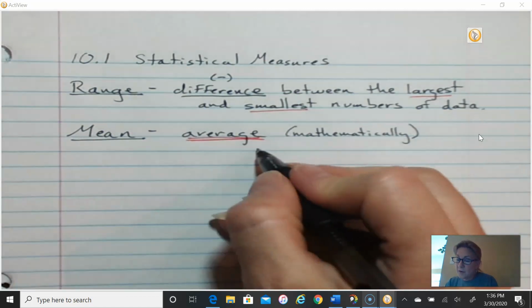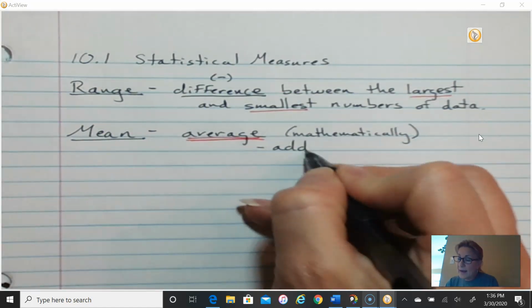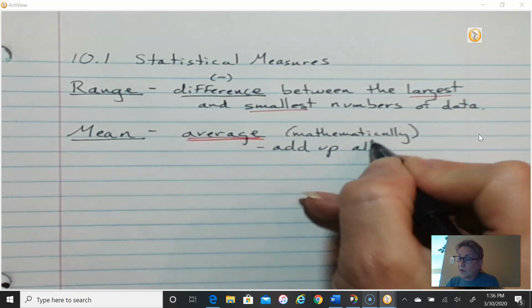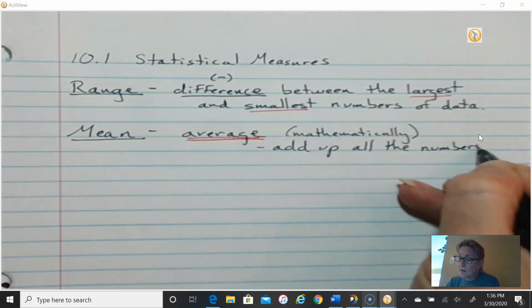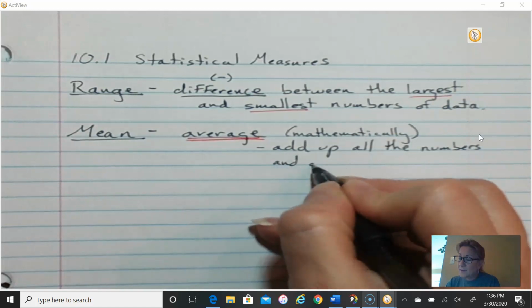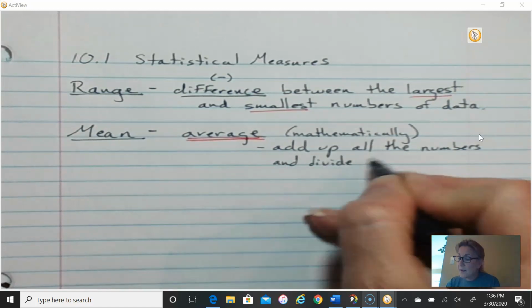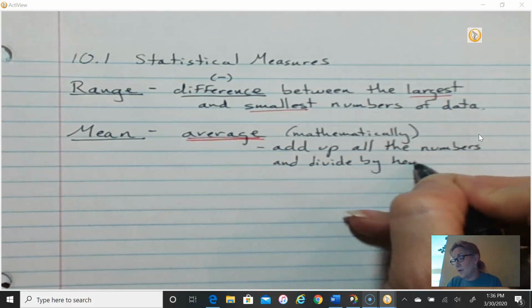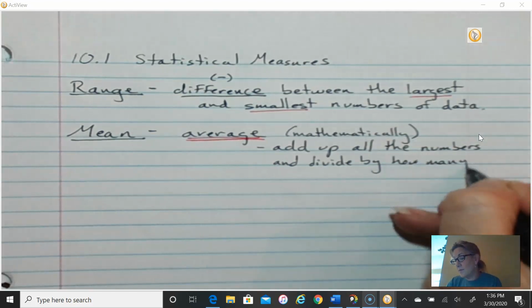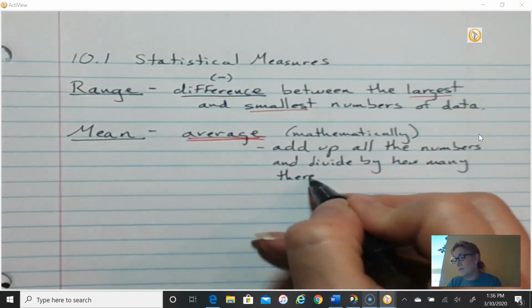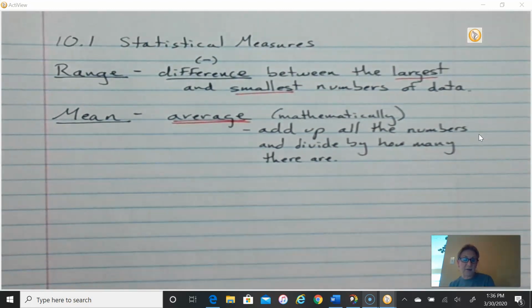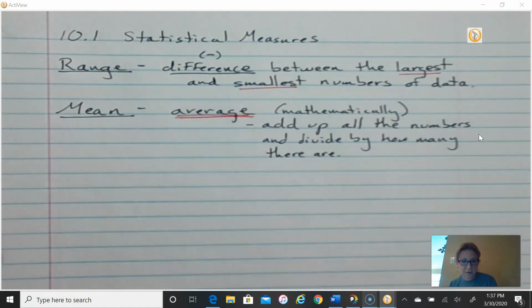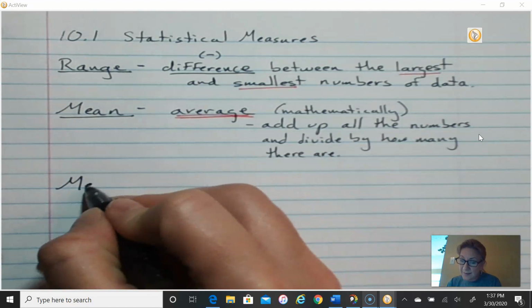To do the average, add up all the numbers and divide by how many there are. That should ring a bell for a lot of you. Again, this is like a review, but we still have to learn it just in case you forgot. All right, the next thing is median.